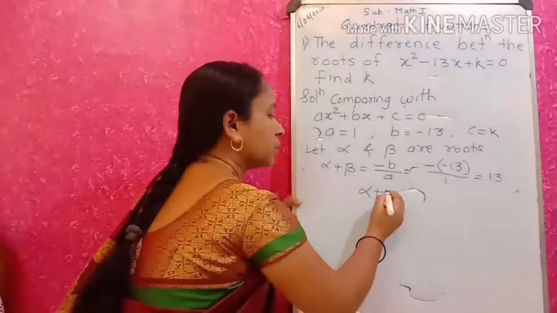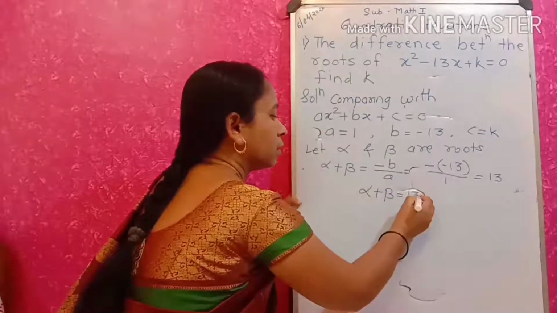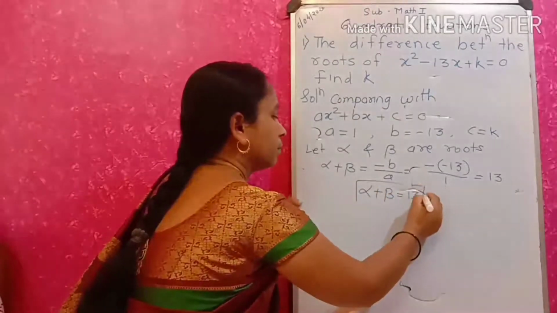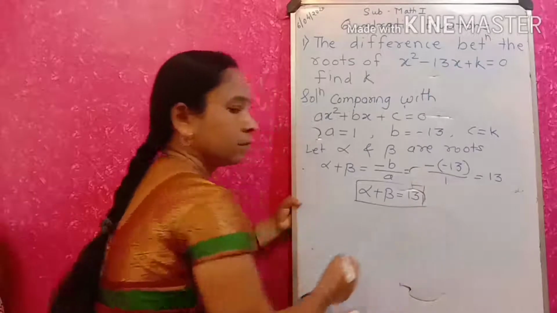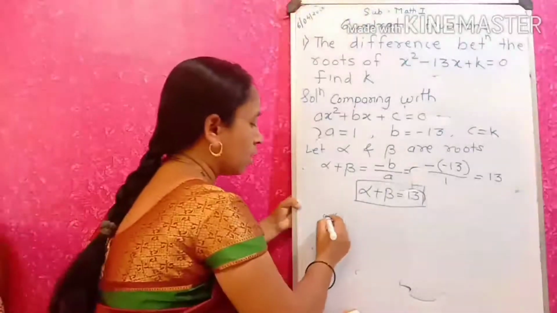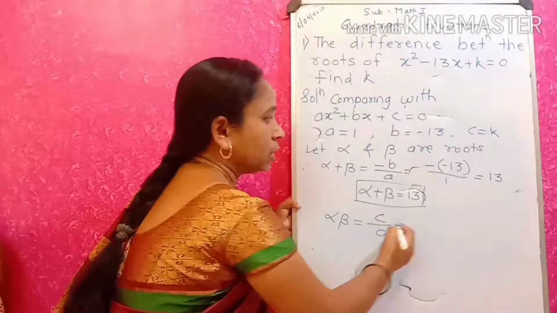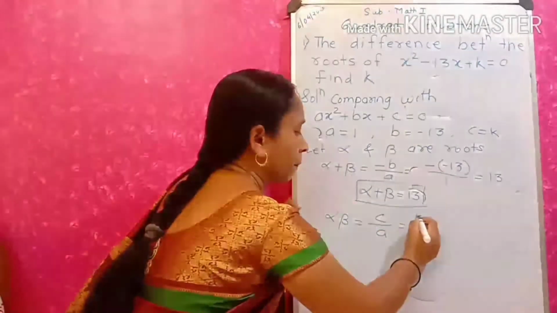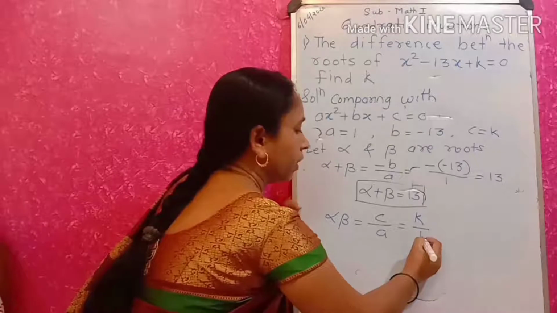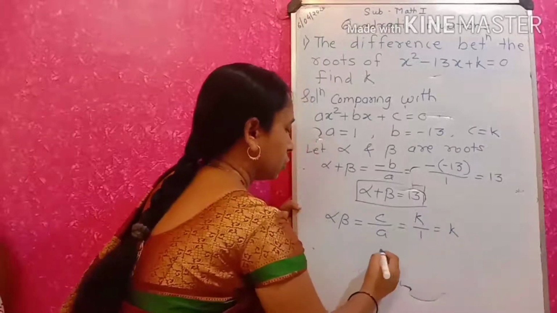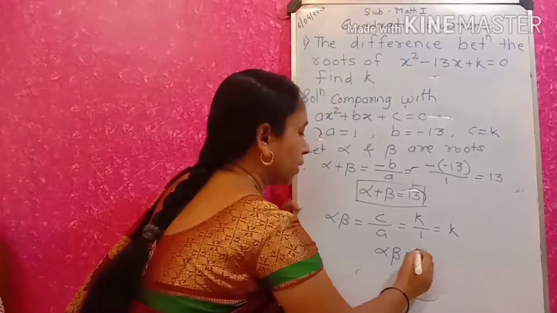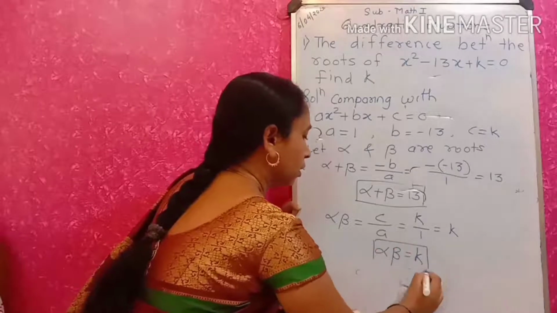So alpha plus beta is 13. Now the next relation: alpha into beta is equal to c upon a. What is c here? k. A is 1, that means k. So alpha into beta is k.